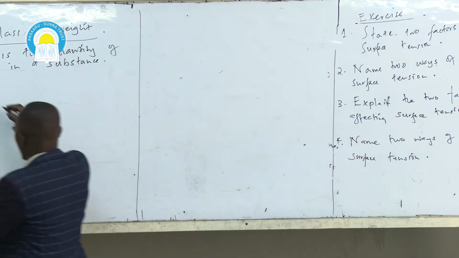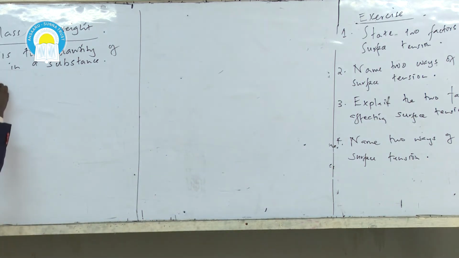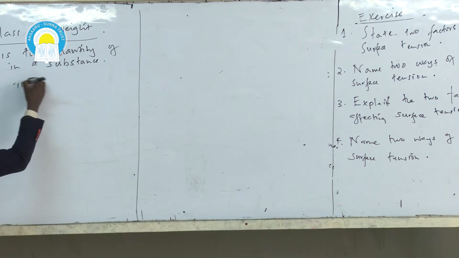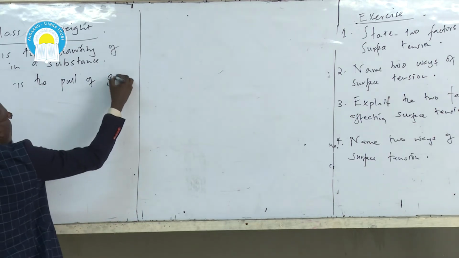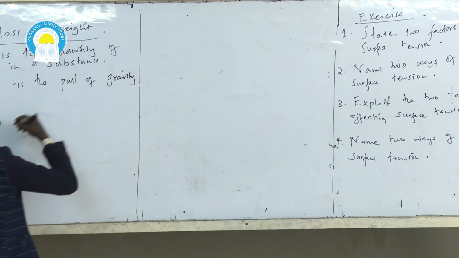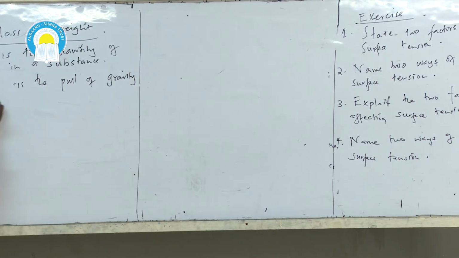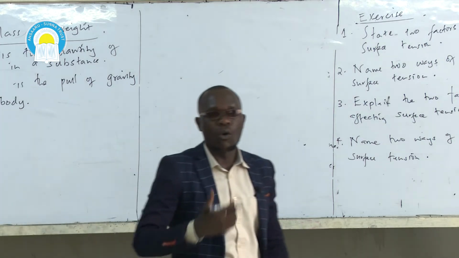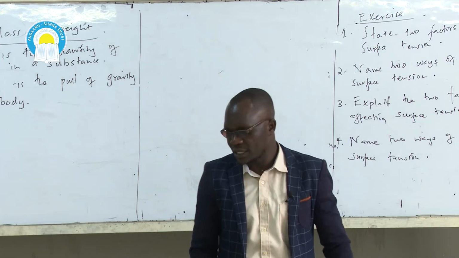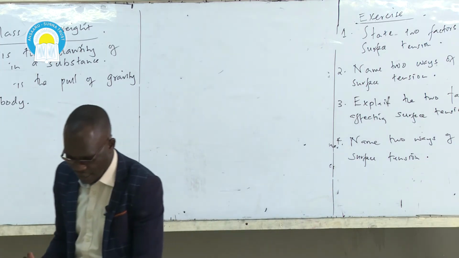Weight is the pull of gravity on a body. The pull of gravity on a body is weight. The quantity of matter in a substance is what we are calling mass.